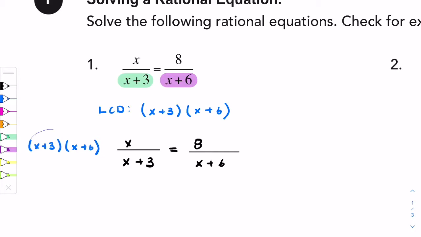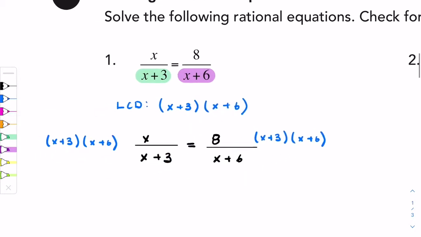And we're going to do the same thing to the right side of the equation. The reason why we do this is because multiplying by the common denominator, technically it's a fraction over 1, but it also allows you to eliminate the denominator on each side. So on the left side, we can eliminate x plus 3, and on the right side, we can eliminate x plus 6.